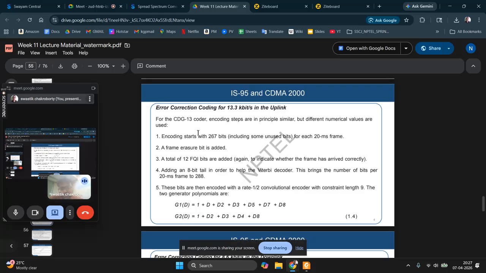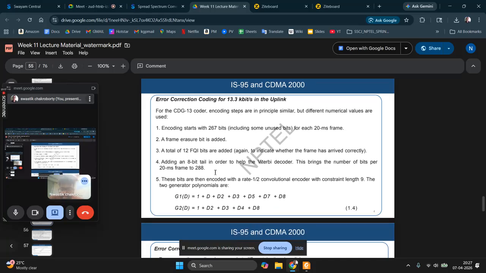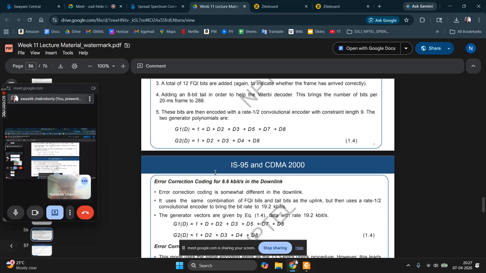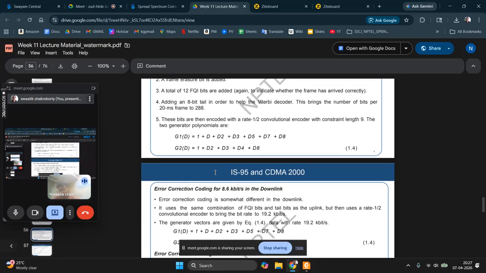Encoding starts with 267 bits, a frame erasure bit is added, a total of 12 frame quality indicator redundancy bits, and an 8-bit tail. If that 8-bit pattern is there, then the system will interpret it accordingly.